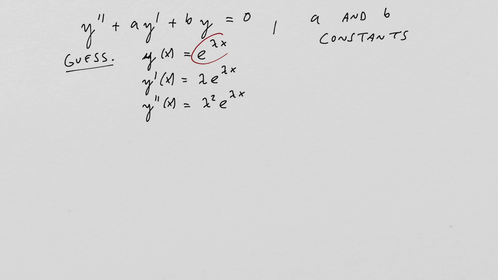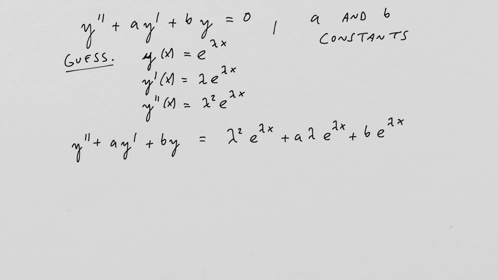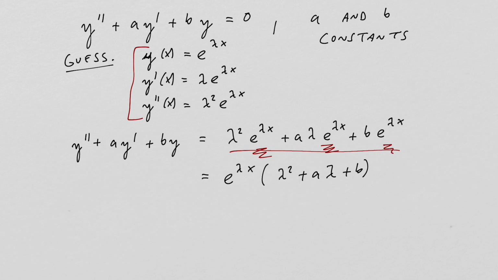Because of this guess, we can calculate what is the derivative of y and the second derivative of y. By substituting these to the equation, we obtain this. Now we can take this exponential as a common factor. We see that this exponential is always non-zero.